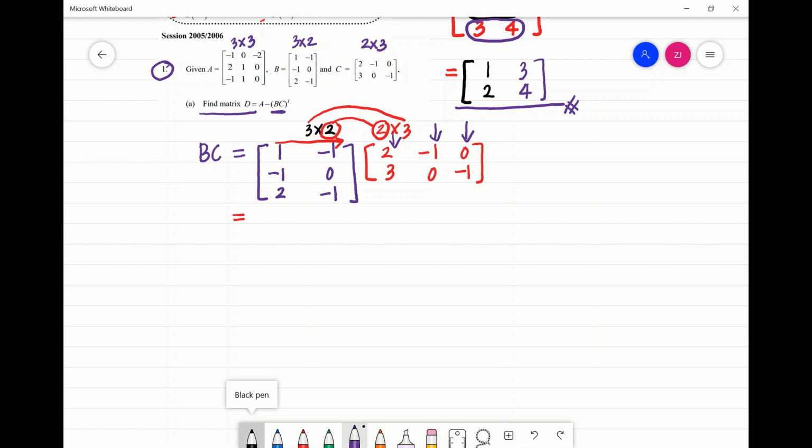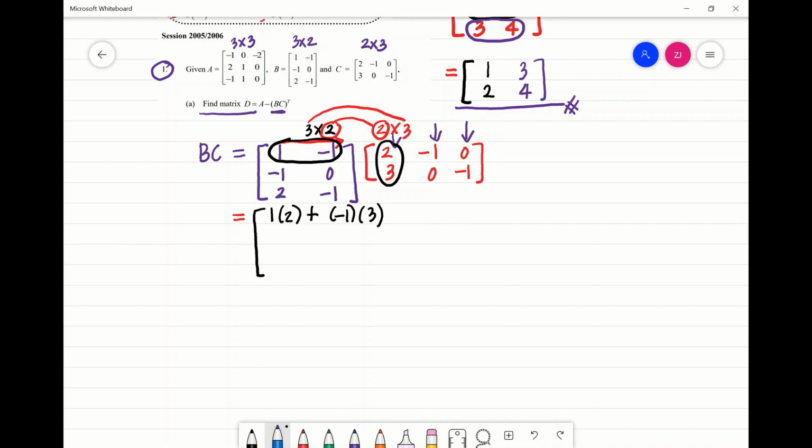Let's do one by one. So this row multiplied by this column, we will have 1 times 2 plus -1 times 3.